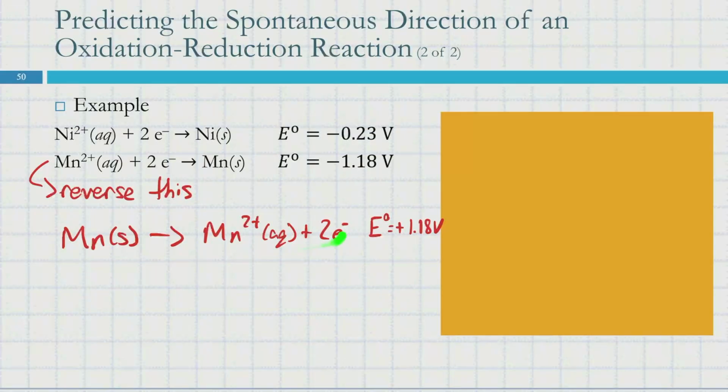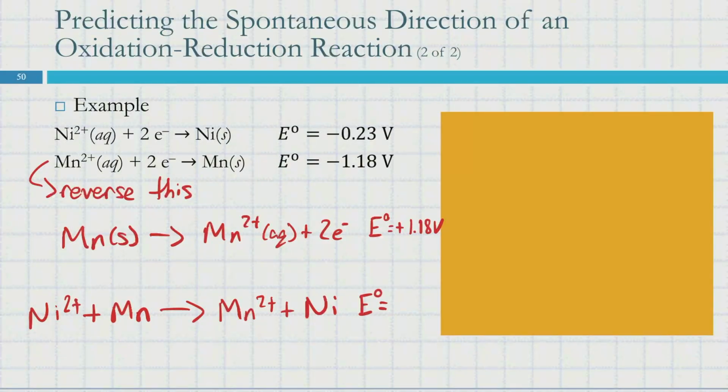And if we combine this half reaction with the nickel half reaction as written, it turns into this. And our cell potential is going to be negative 0.23 volts plus 1.18 volts.